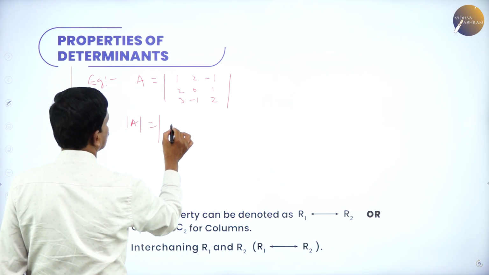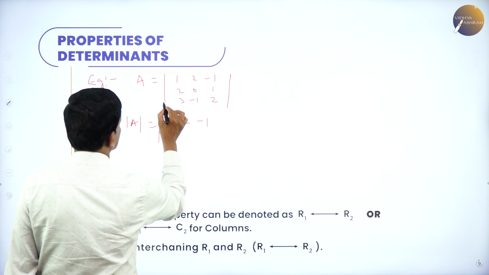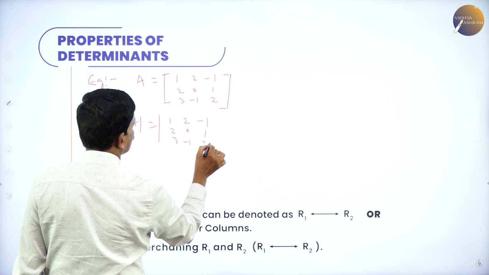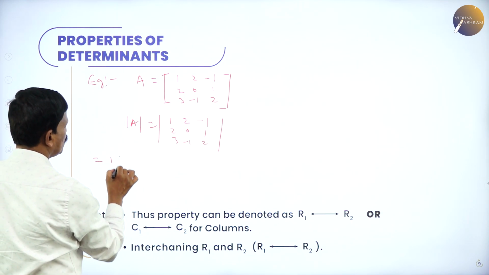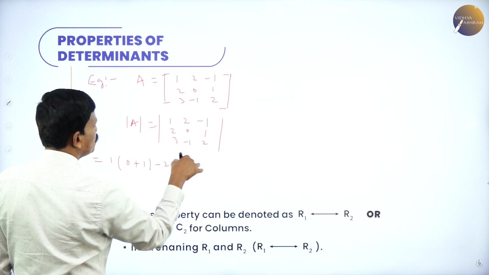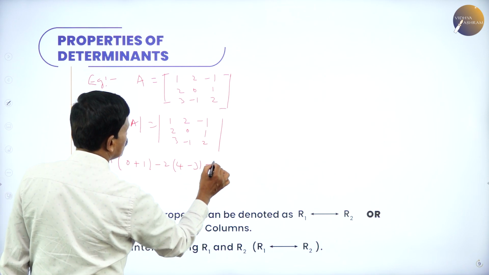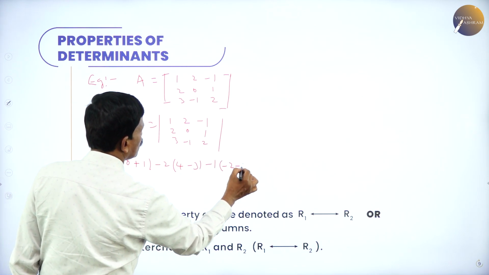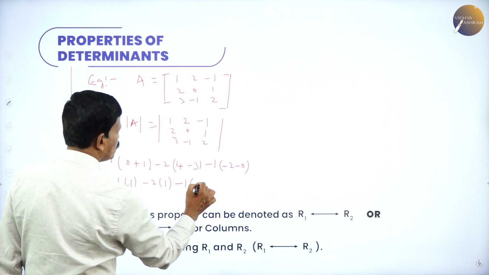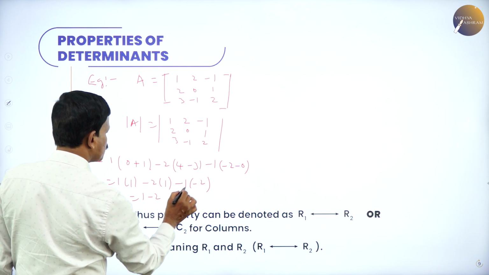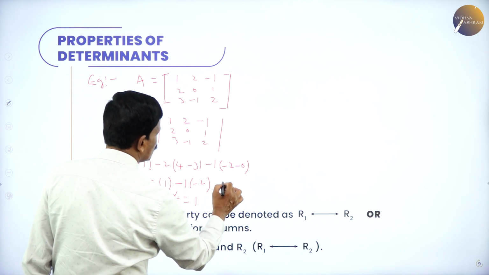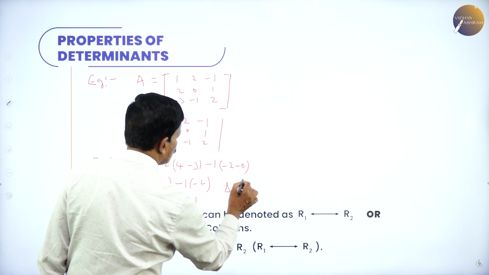Determinant of A is 1 into (0 minus minus 2, that is 2), minus 2 into (4 minus 3), minus 1 into (minus 2 minus 0). So this is 1 into 2, minus 2 into 1, minus 1 into minus 2, that is 1 minus 2 plus 2. Plus 2 and minus 2 cancel, this is 1. So the value of the determinant is plus 1.